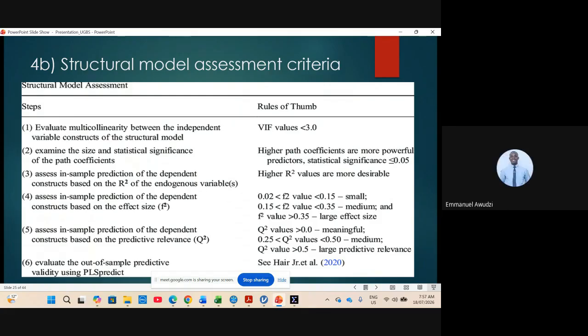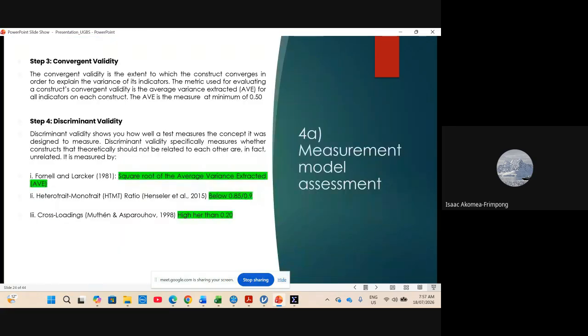Is there any statistical result that you can check and see that, okay, the model has failed? I would say yes. I would say no. Yes, in the sense that once you run the PLS-SEM, there are certain measurement indicators that will help you to know that the result is okay or not.